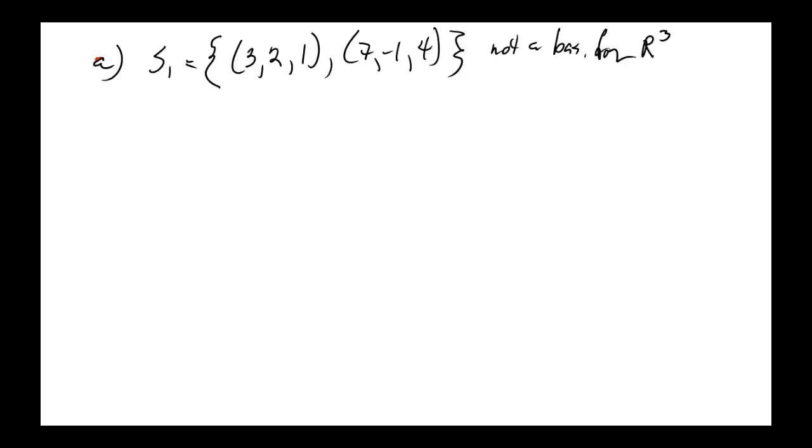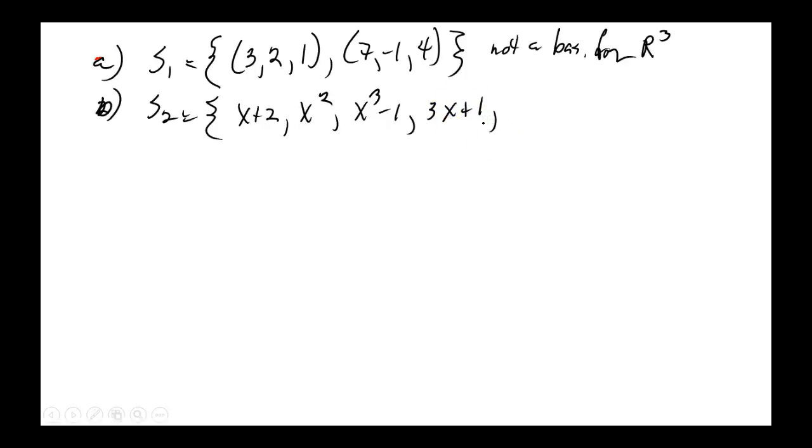All right. Here's set S2. It's the set x plus 2, comma, x squared, comma, x cubed minus 1, comma, 3x plus 1, comma, x squared minus 2x plus 3.